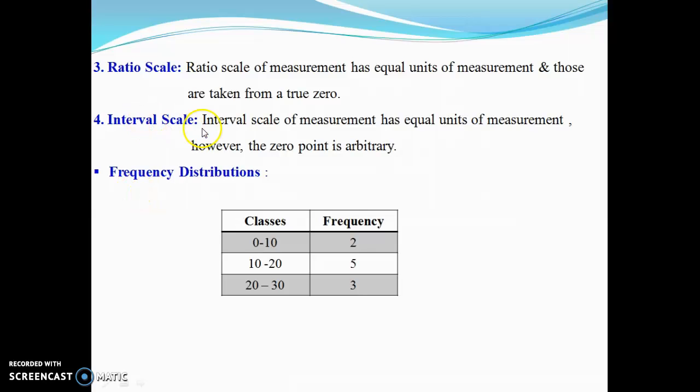Next one, interval scale. Interval scales of measurement have equal units of measurement. However, the zero point is arbitrary. The classical example of interval scale is in our day-to-day life: in the centigrade or Fahrenheit scale of temperature measurement, in both the scales, 0 is arbitrary.